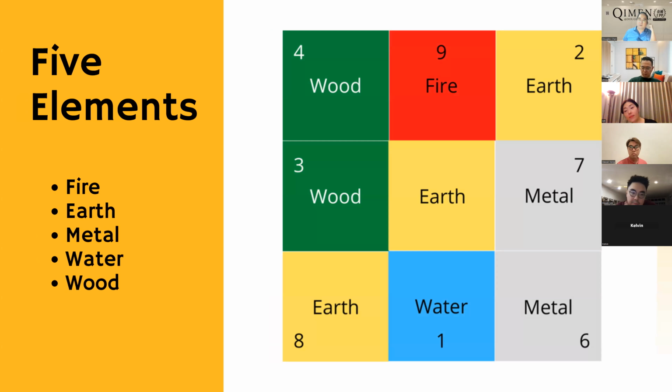Okay, if you notice, these are 9 different diagrams which we call the palaces. Wait, let me mute somebody first. If you take a look at this phone, open the M-Chimen app itself.